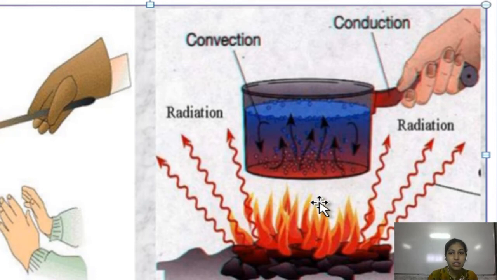The process by which heat is transmitted inside liquids due to the actual movement of molecules is called convection. The transfer of heat in the form of waves from one body to another through a vacuum, or we can say through a medium, is called radiation.